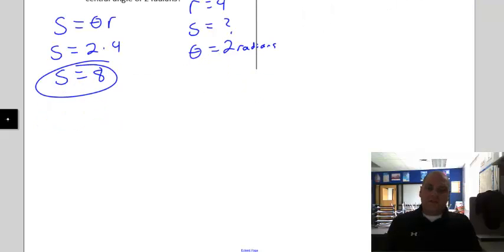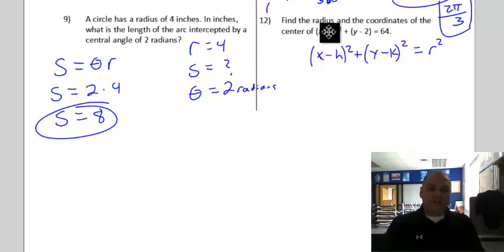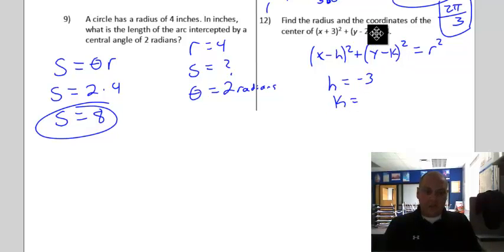All right, find the radius and the coordinates of the center. So basically, you're just going to need to know x minus h squared plus y minus k squared equals r squared. All right, you need to know that, and then you just compare. So h must be negative 3, k must be positive 2, and then r squared is 64.